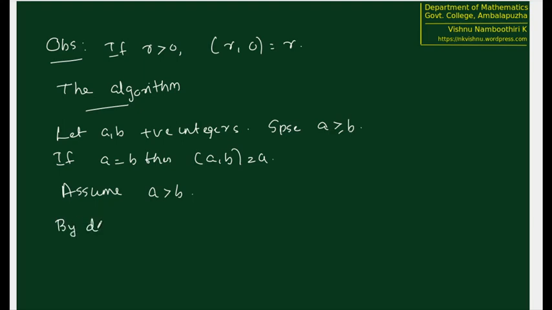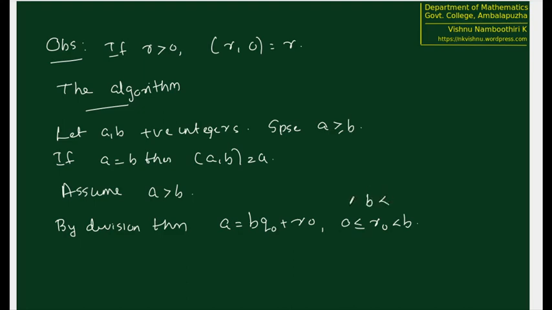By the division theorem, we can write A equals B Q naught plus R naught, where Q naught is some integer, 0 less than or equal to R naught less than B. Now, by the previous observation, instead of finding GCD of A, B, we can find the GCD of B and R naught. So, what is the relation between A and B?